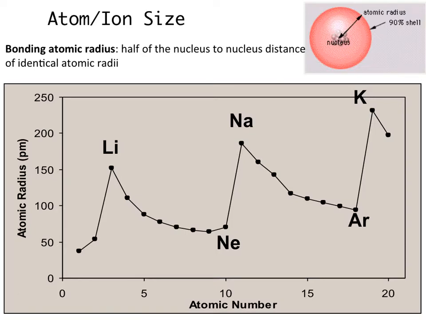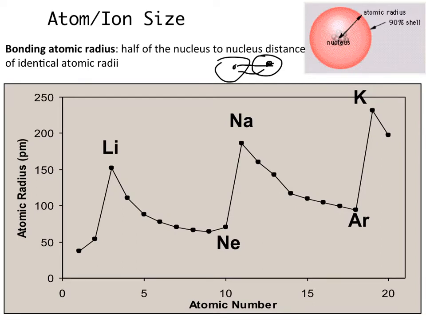So atom and ion size are basically calculated from bonded materials. So the bonding atomic radius is half of the nucleus to nucleus distance of identical atomic radii. So if we're just looking at atom size, we're getting that by measuring basically half of the nucleus to nucleus distance.